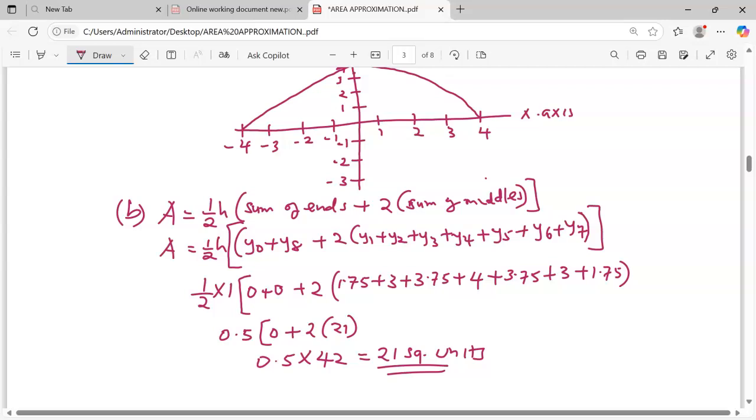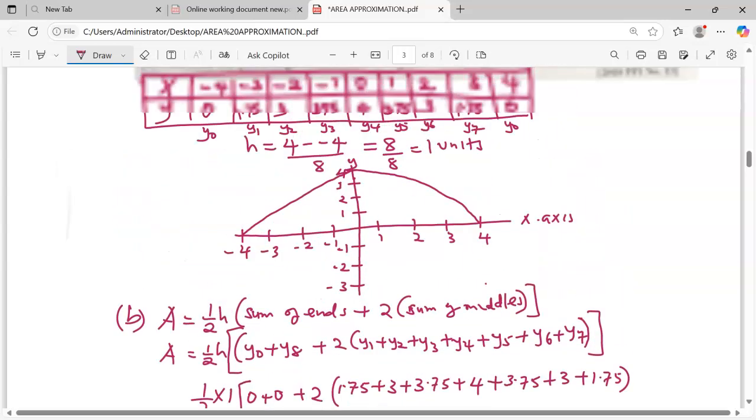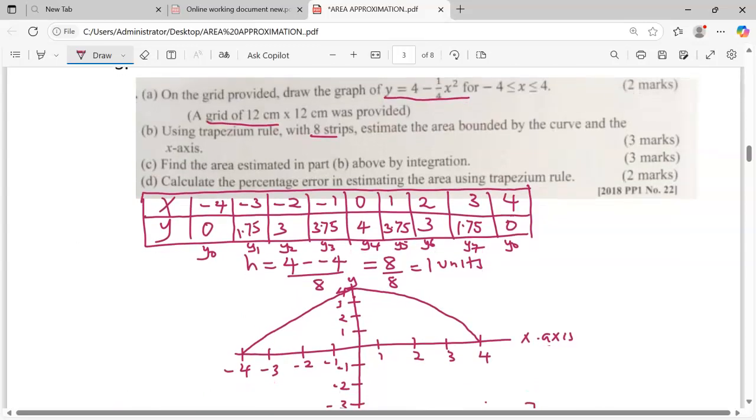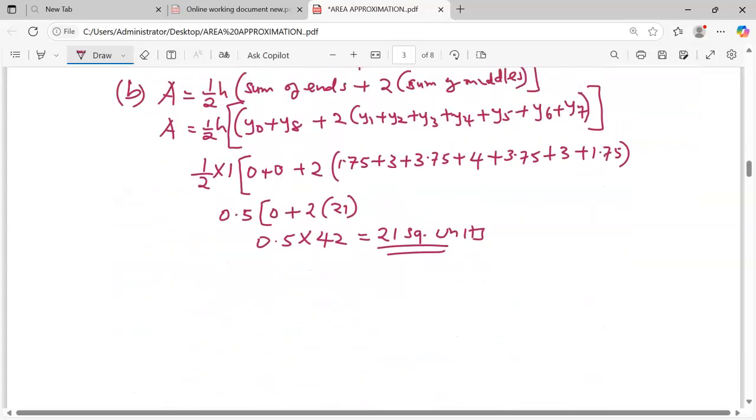Once we have the area from part B under trapezium rule, we are supposed to move to C and find the area estimated in part B above by integration. So C, the area by integration would be given by, we use this sign for integration.